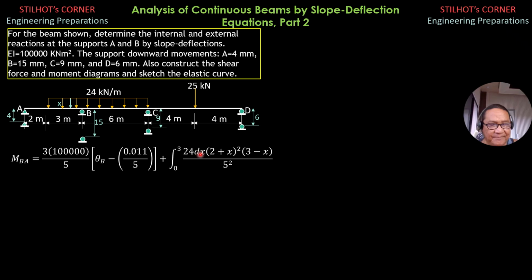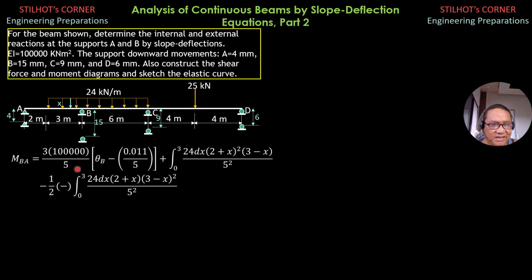We just copy this, interchange the squared factor. So 2 plus x raised to 1, 3 minus x squared, then 1/2. So minus 1/2 of negative integral 0 to 3, 24 dx 2 plus x, then 3 minus x squared over 5 squared.